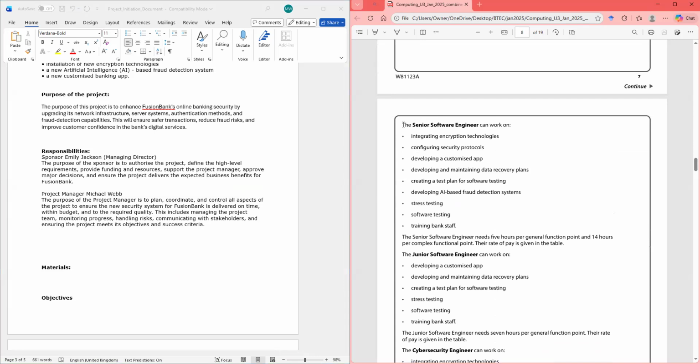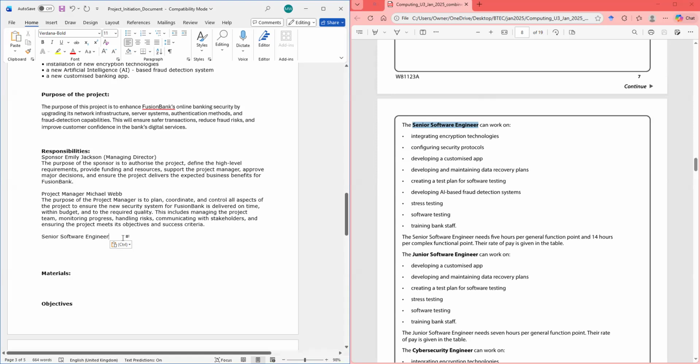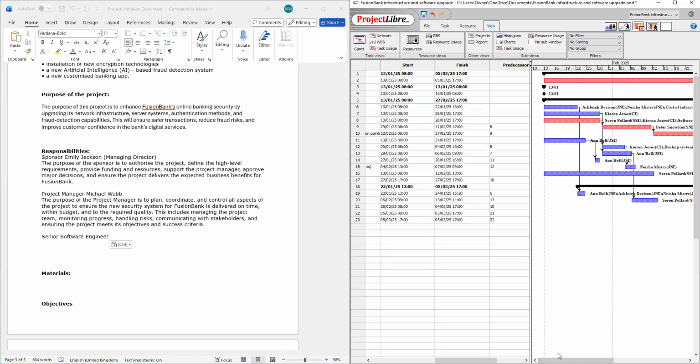So what I do, I'd say the senior network engineer, I copy this one. That's a senior software engineer, right? What is my senior software engineer doing? So I'm going to look back at my Gantt chart.